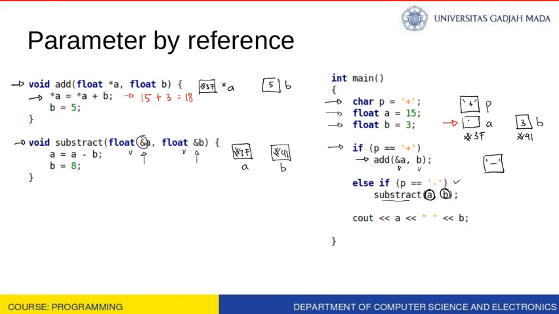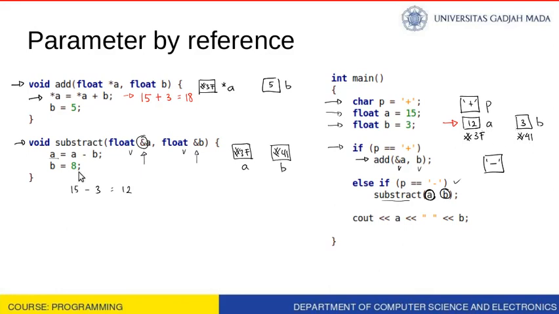So we have 15 here, 15 minus B. So B here is the value which is pointed by this address. So this is 41, so this one. So we have 15 minus 3, so it will be equal to 12, and then we assign to A, and A is here, so we have 12. So now this A in the main program will be 12.